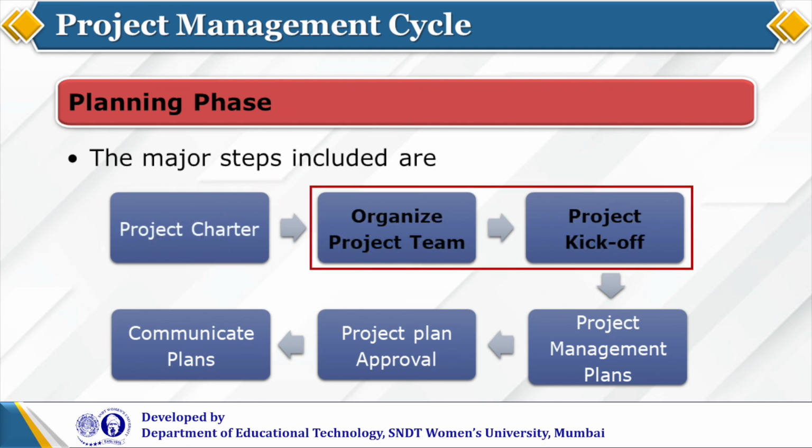Then we are talking about organized project team. That means, as I told you, I get a few friends and my relatives or somebody whom I can trust, and I can give them a responsibility and accountability. I can probably indicate to them the funds which they are going to get so that they can start working on it.